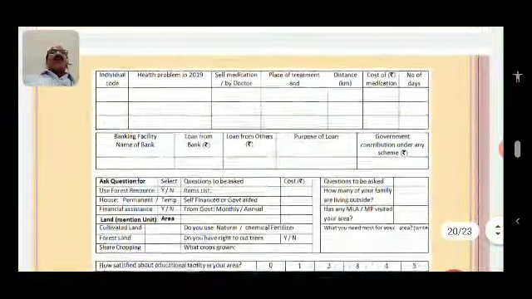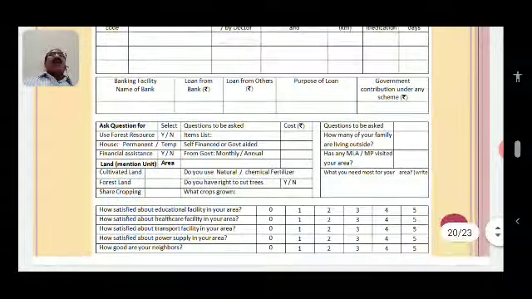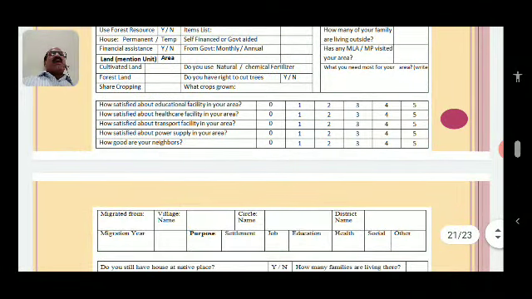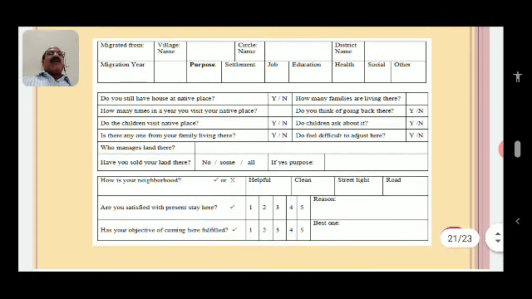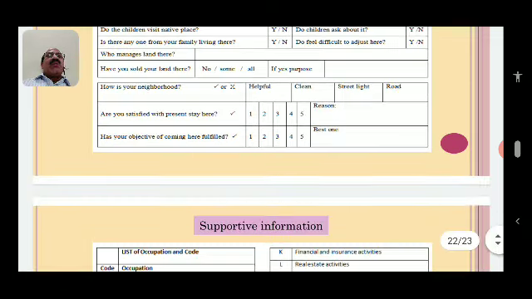Then next is this. You have used a matrix, a Likert scale, a rating scale, then simply boxes. We have a variety of question types in your questionnaire.